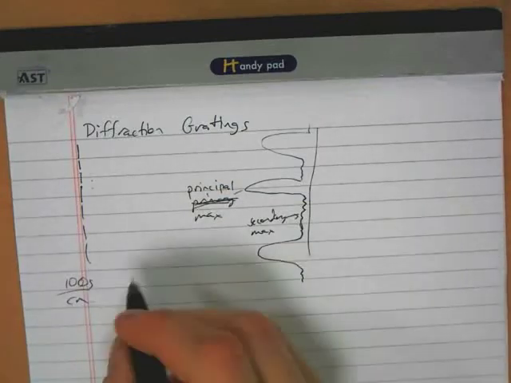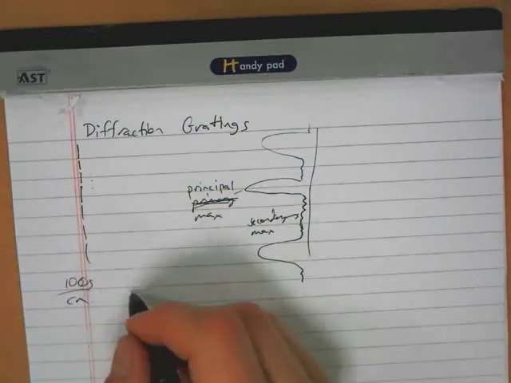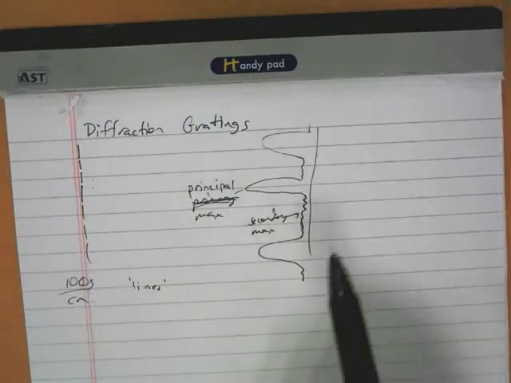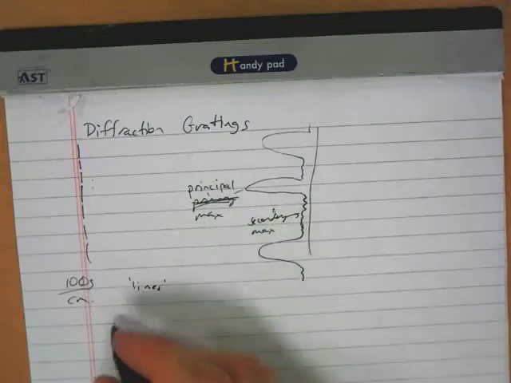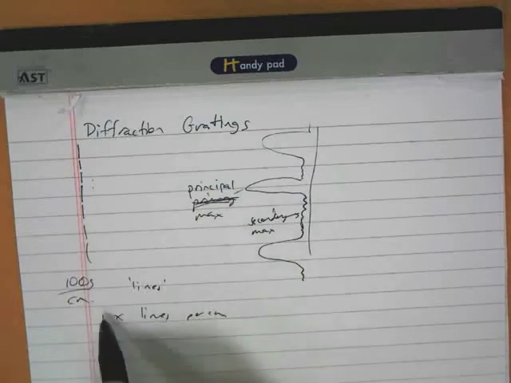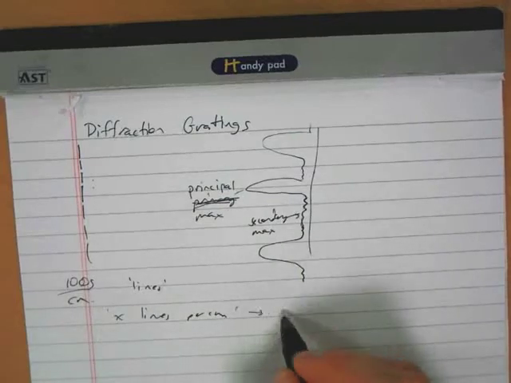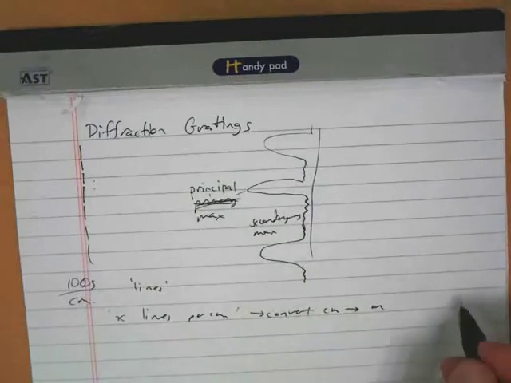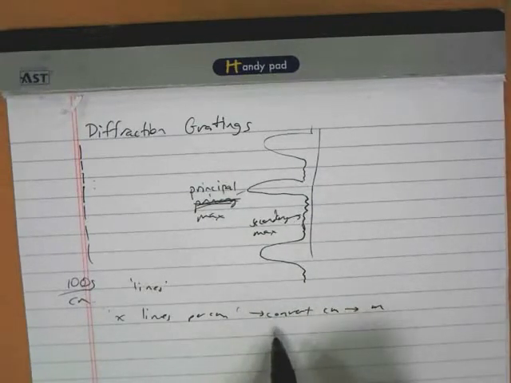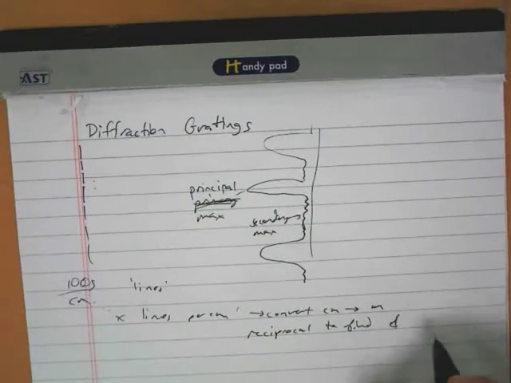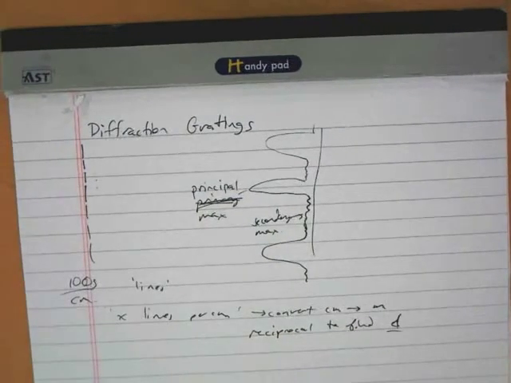And typically they'll call them lines, because these slits will look like lines on a grating. If it says they're X lines per centimeter, well, then you just convert centimeters to meters, and then take a reciprocal to find what that separation between each slit is.